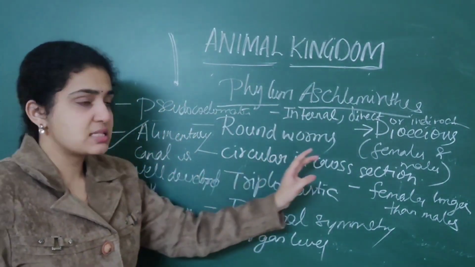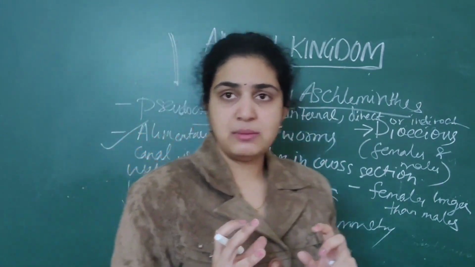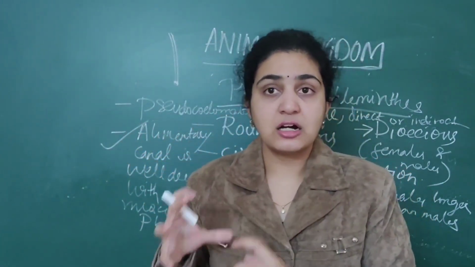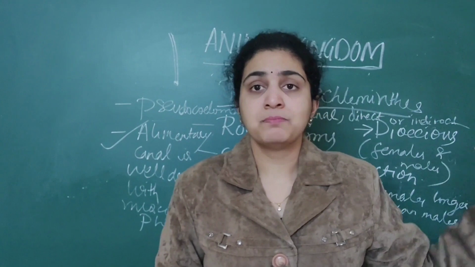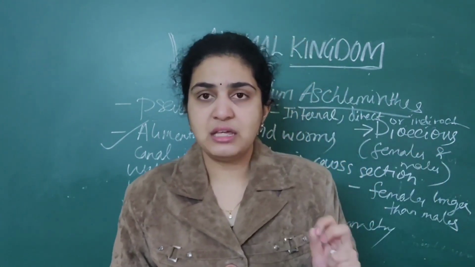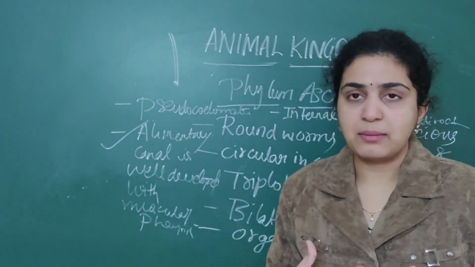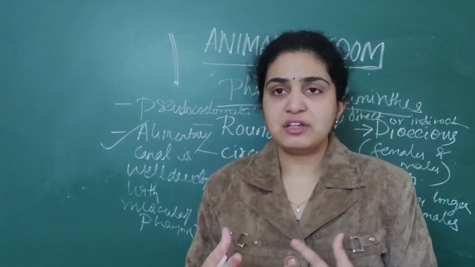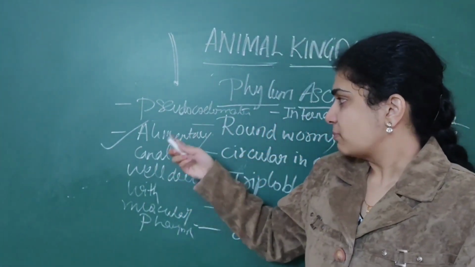The third difference is that Platyhelminthes are hermaphrodites, but Aschelminthes are dioecious. That is, females are always longer than males, and males and females are separate here.